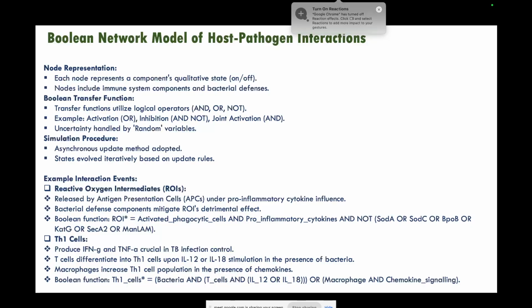So the function representing Th1 cells will be the presence of bacteria, obviously, and T cells and IL-12 or IL-18, because you need either IL-12 or IL-18 to differentiate Th0 to Th1 cells, or macrophage and chemokine signaling. So this is how Boolean modules are represented in network dynamics.